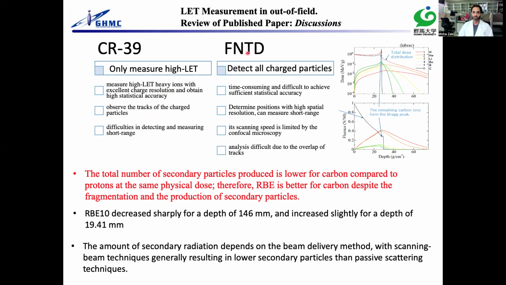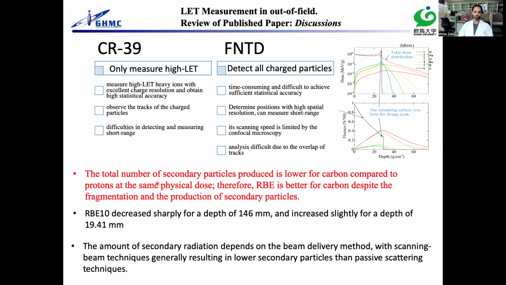Whereas FNTD detects all charged particles. However, it is time consuming and difficult to achieve sufficient statistical accuracy. It can determine position with high spatial resolution and can measure short range, yet its scanning speed is limited and it is very difficult to analyze due to the overlap of tracks with each other.